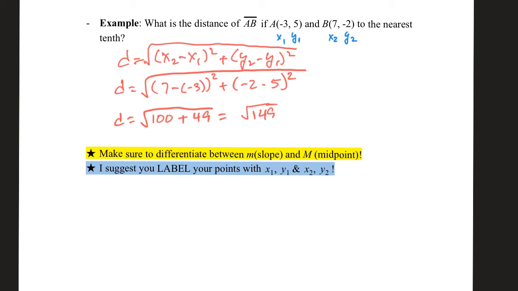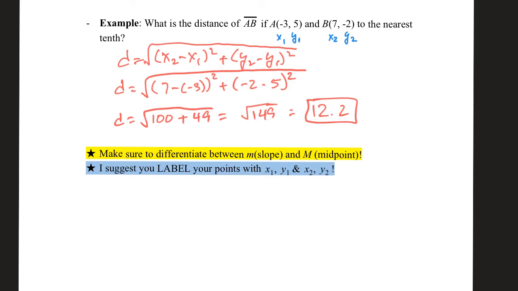And when you plug radical 149 into the calculator, we want to know the distance to the nearest tenth. So when you plug that guy into the calculator, you get 12.2. And that's it for the distance formula.